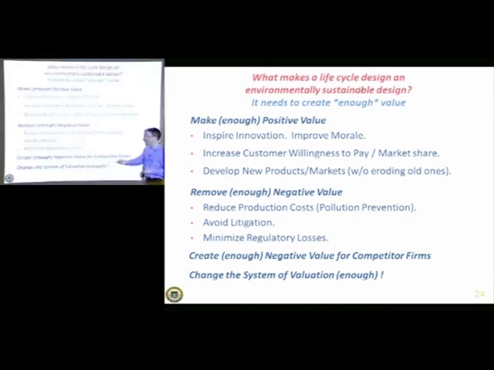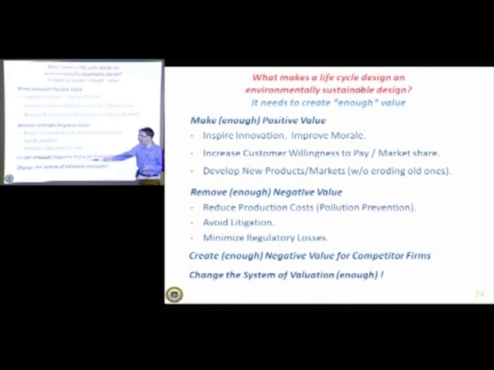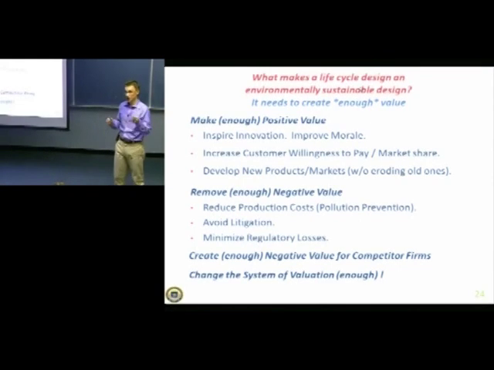So the point is that the idea that Toyota is a tech green firm actually helped them out quite a bit. The reality was much more tempered. I'm not going to say it was negative necessarily, but you can certainly use sustainability as a strategy to create negative value for competitor firms.